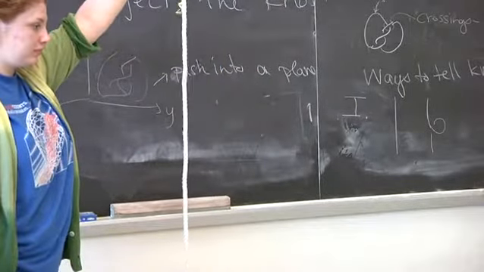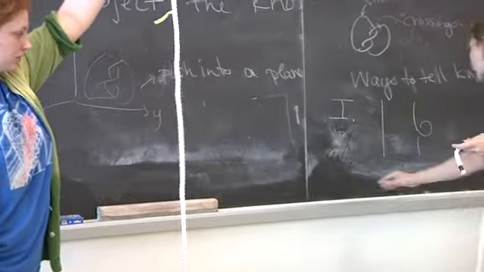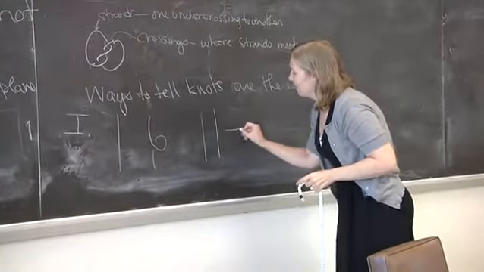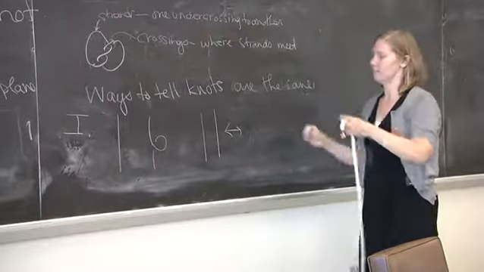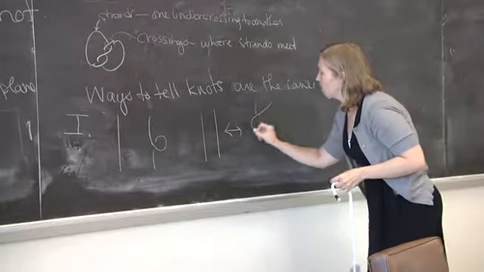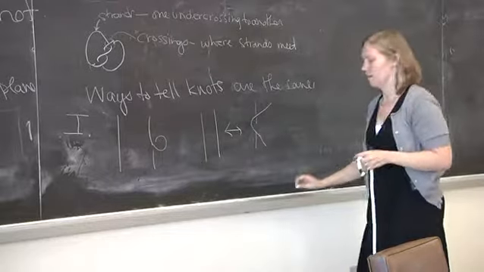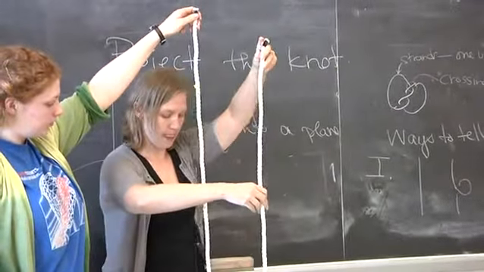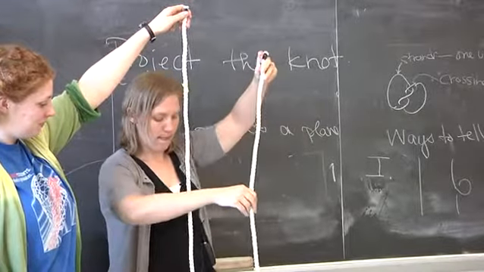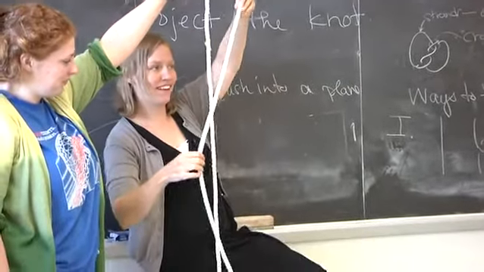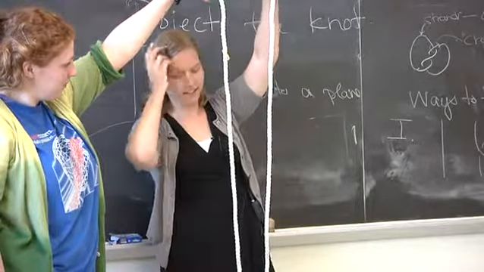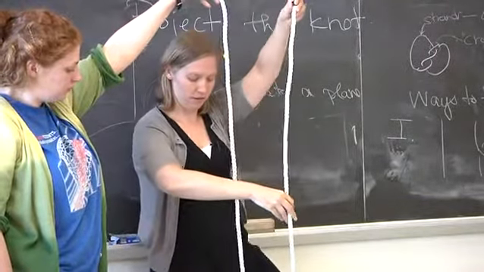So another way, and this is the Reidemeister 2, just stay right there, Emily. You take 2 parallel strands of the knot and you cross one over the other one. So that corresponds to this. So you can do this or this. Okay, so that's a Reidemeister 2, like that.